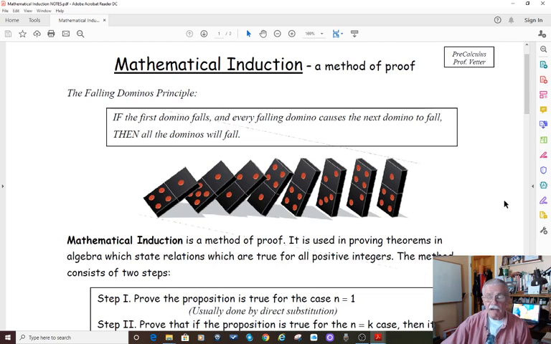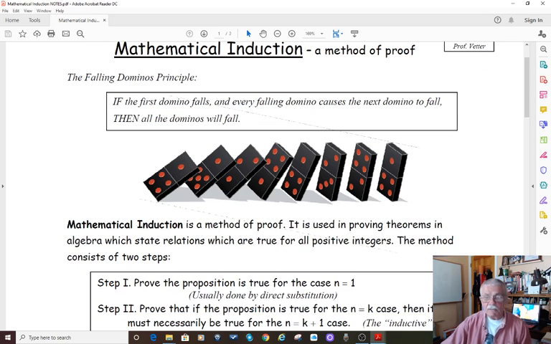Well, that's mathematical induction. It basically says if the first domino falls and every falling domino causes the next domino to fall, then all the dominoes will fall. So that's mathematical induction, and that's a method of proof.